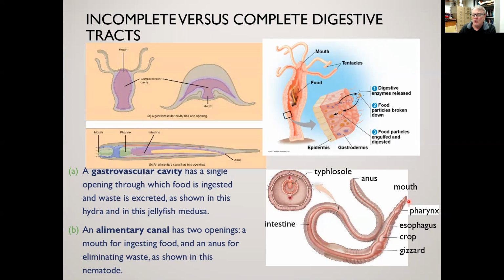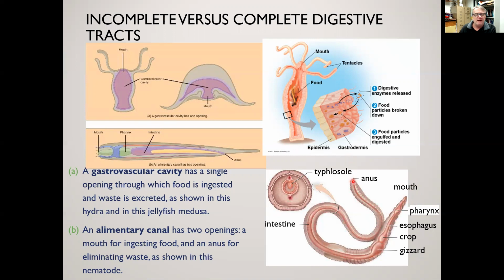Here is a worm where the mouth, the pharynx, the esophagus, crop and gizzard, we'll talk about what those are in the next video, and the long intestine, which allows absorption through a very long part, and then anything that's not digested will simply continue on its way out of the body.